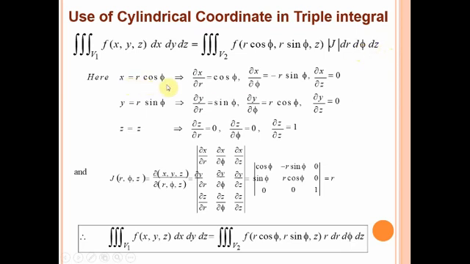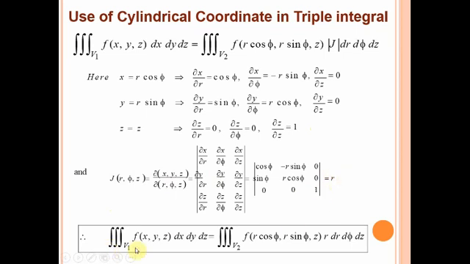Here x is r cos phi, so we take del x by del r as cos phi, del x by del phi as minus r sin phi, and del x by del z is 0. y is r sin phi, del y by del r is sin phi, del y by del phi is r cos phi, and del y by del z is 0. For z, del z by del z is 1. So it will give you these values. If we put them in the Jacobian, we will get the resultant as r.